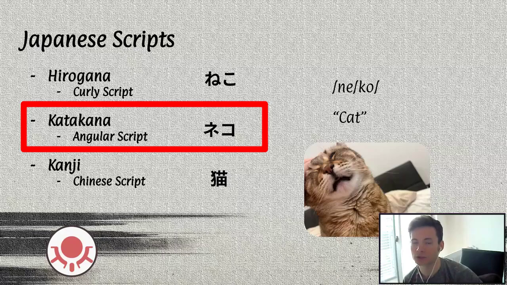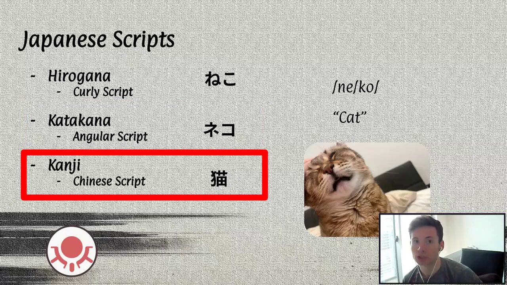The final and most complicated type of characters are the kanji, which are Chinese characters, which have been adopted from China and grafted into the language. There's about 10,000 different kanji, 2,000 of which are pretty much necessary to be able to read everyday Japanese.